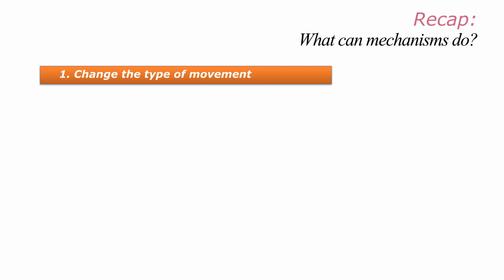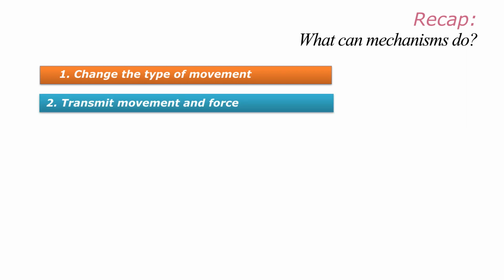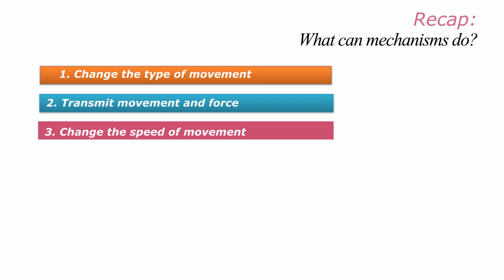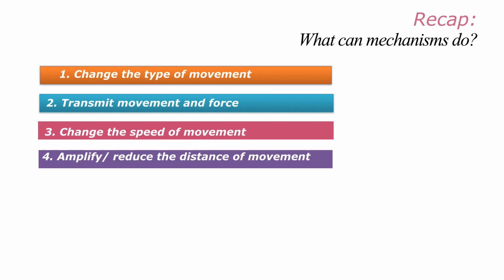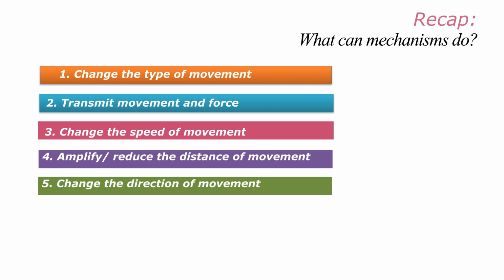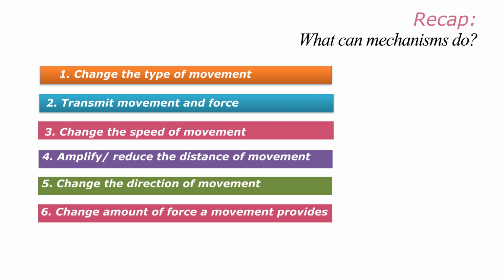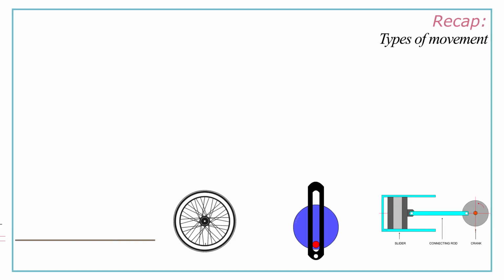In the last lesson, we saw that mechanisms can be used to change the types of movement, transmit movement and force, change the speed of movement, amplify and reduce the distance of movement, change the direction of movement, and change the amount of force a movement provides.